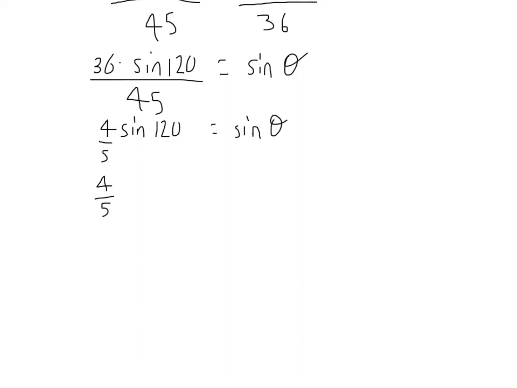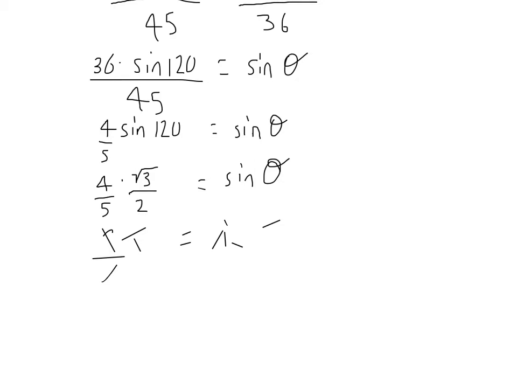Four divided by 5 times the sine of 120. Sine of 120 is equal to the square root of 3 over 2. Here we have 2 over 5 times the square root of 3 is equal to sine of theta.